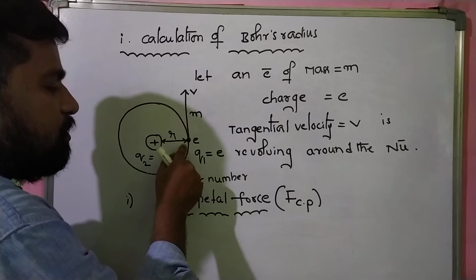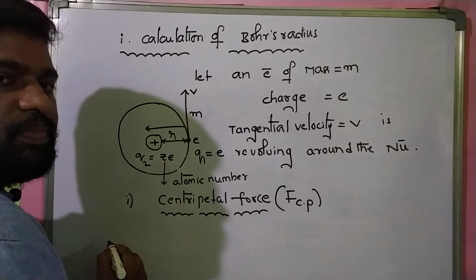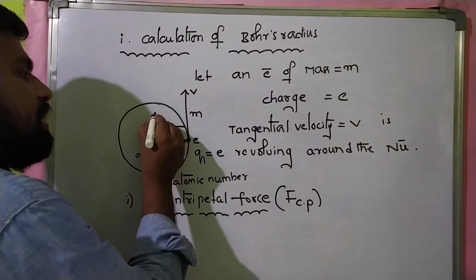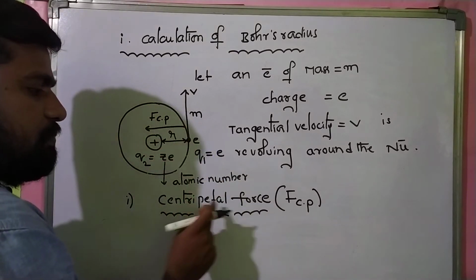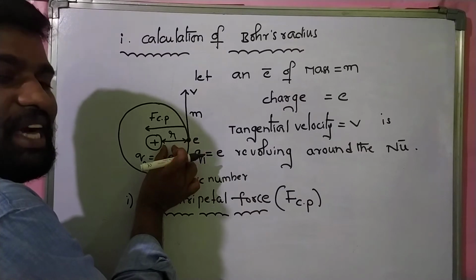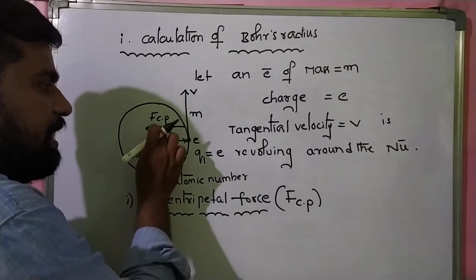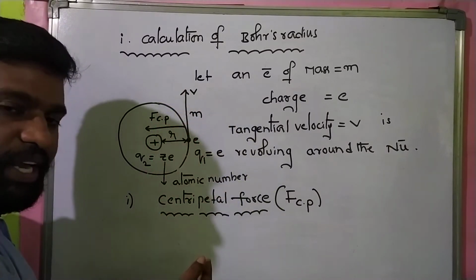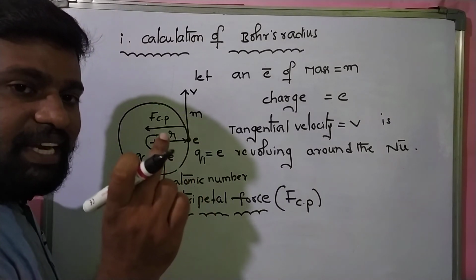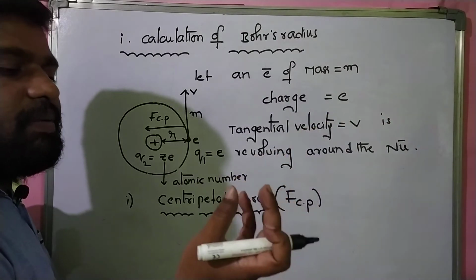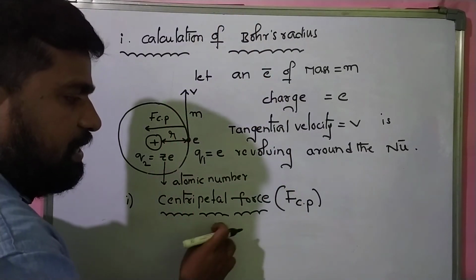So this centripetal force is always acting towards the nucleus. It is denoted by FCP. Listen everybody, centripetal force is nothing but the electrostatic attraction force between the revolving electron and the nucleus. It is always acting towards the nucleus. Understanding means the nuclear force of attraction acting on the electron. So that force always acting towards the nucleus is called centripetal force.